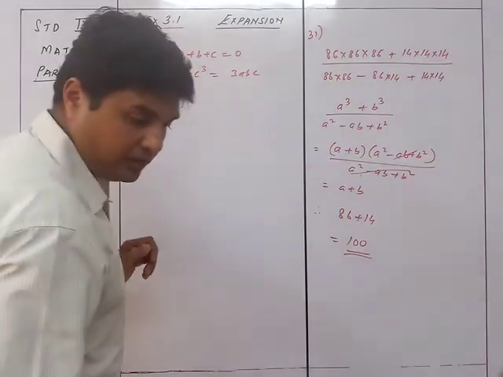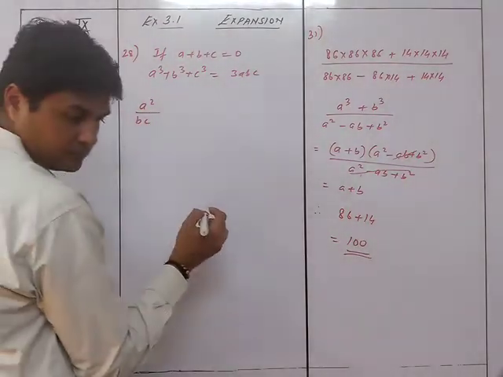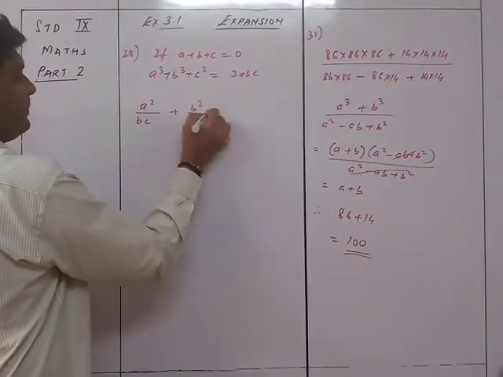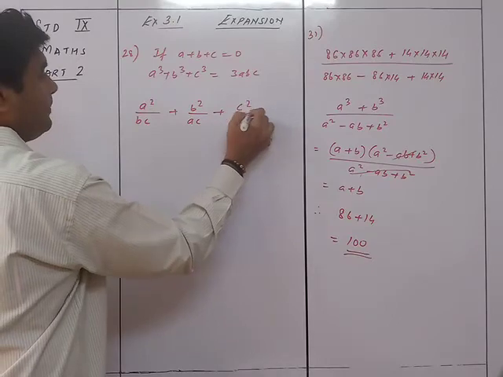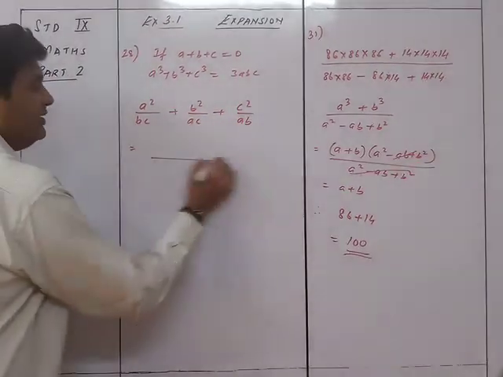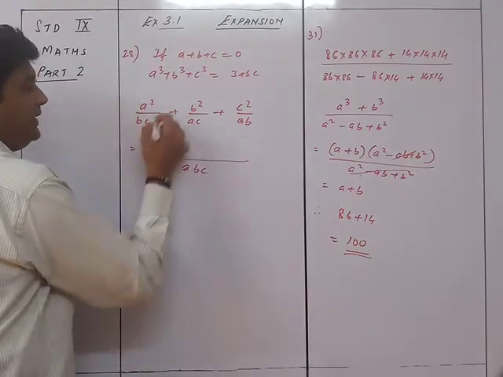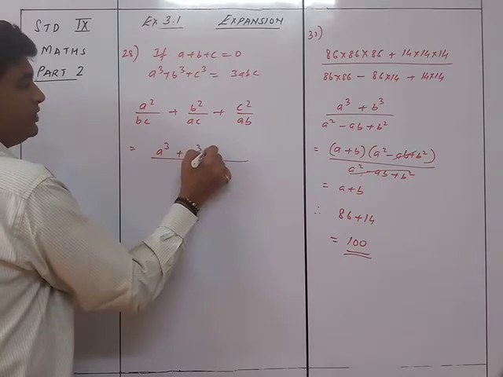But what is given here is to find the value of a square upon bc plus b square upon ac plus c square upon ab. If I check this, the LCM is abc, and here it will be multiplied by a, so it will be a cube, this will be b cube, this will be c cube.